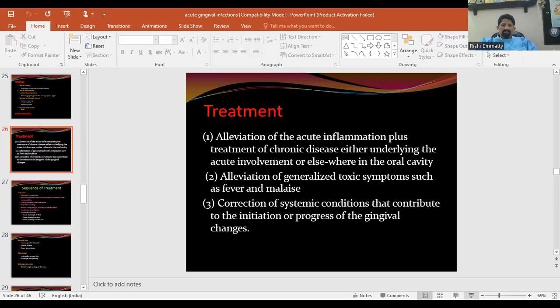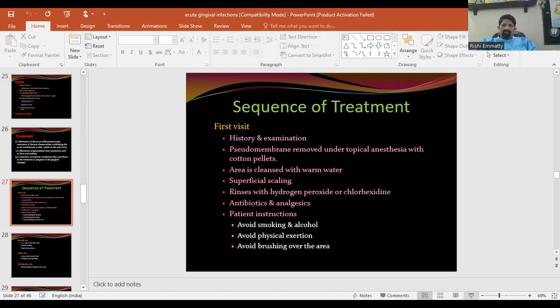Third, correction of systemic conditions that contribute to the initiation and progression of the gingival changes. These three factors have to be considered when doing treatment.